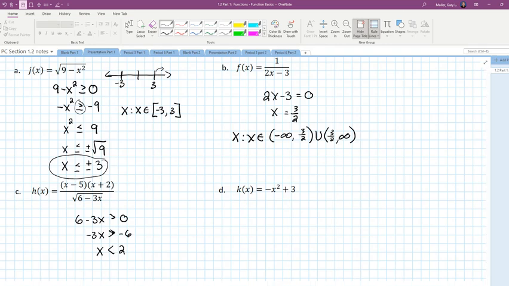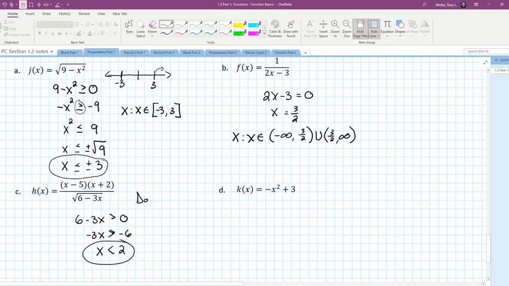I don't have any positive negative stuff to deal with because I'm not the one taking a square root. And actually, that was a silly thing to say. Sorry, my mind is starting to wander a little bit. There wasn't even a square root to deal with here. So x is less than 2 is the answer.